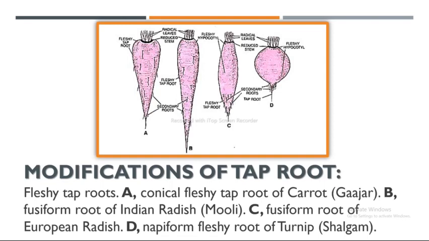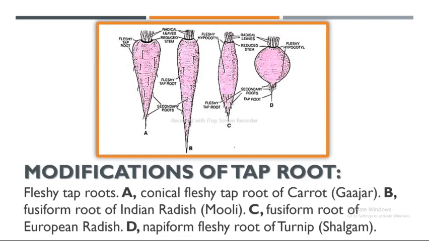In figure C, you can see the fusiform root of European radish. So this is the radical leaves, this is reduced stem, this is fleshy hypocotyl, this is secondary root, and this is fleshy taproot.